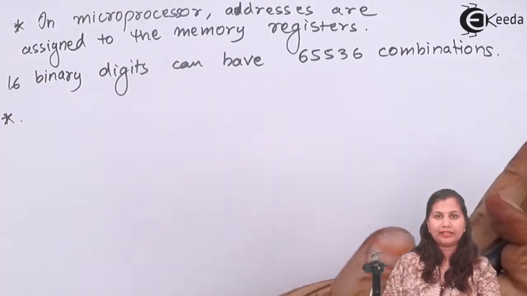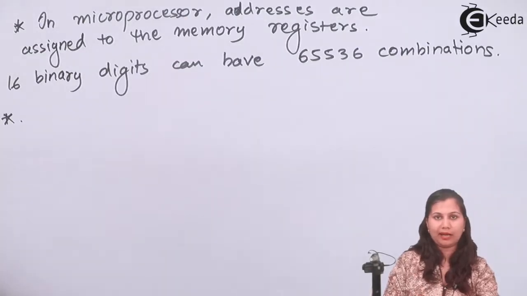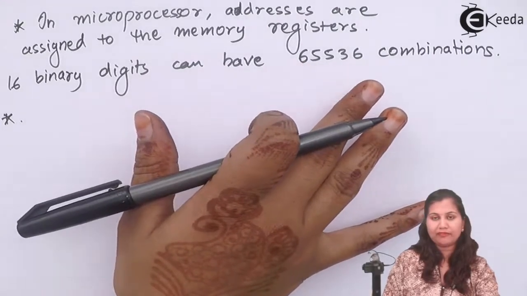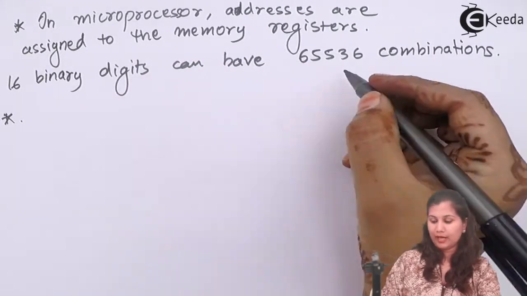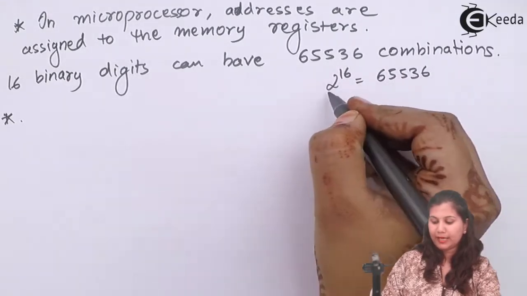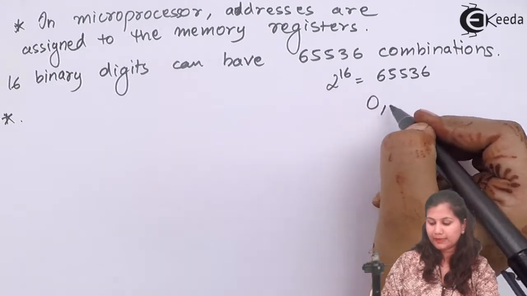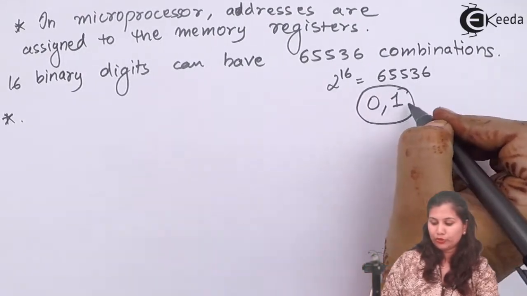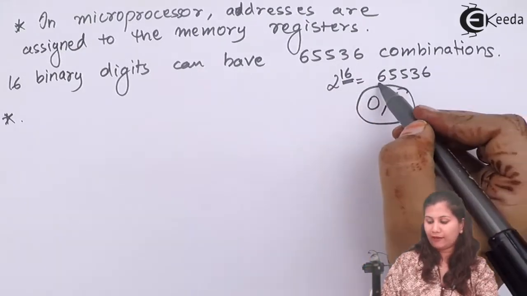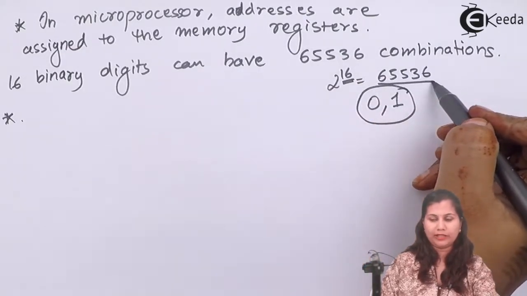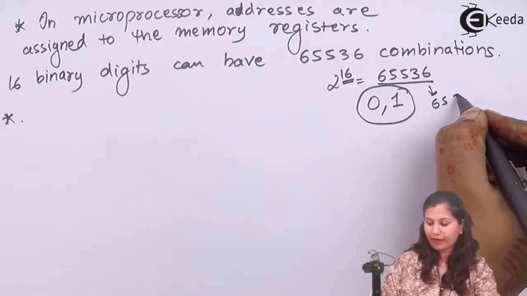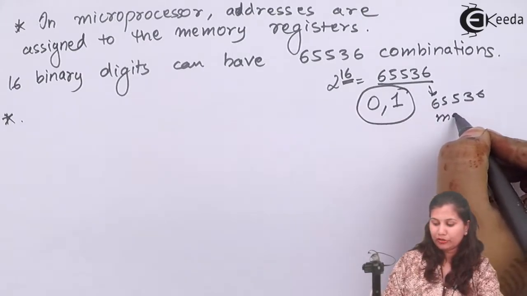The address will be of 16 binary digits, and these 16 binary digits can have 65536 combinations, because 2 raised to the power 16 is 65536, as we have two binary numbers, 0 and 1. Using these combinations we can address the 65536 memory registers.